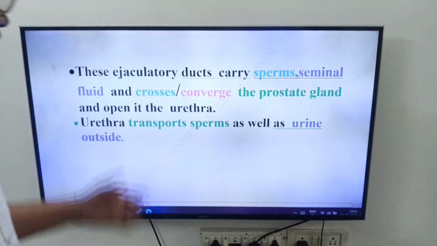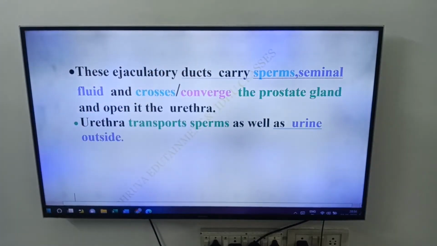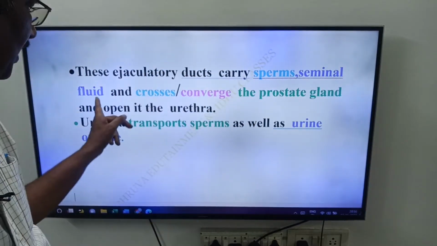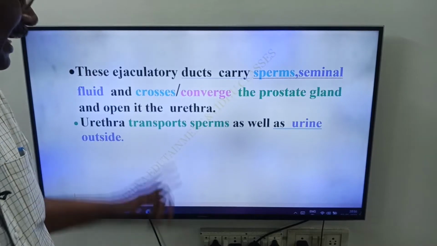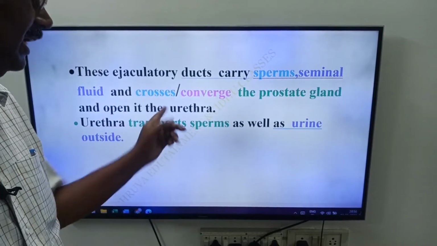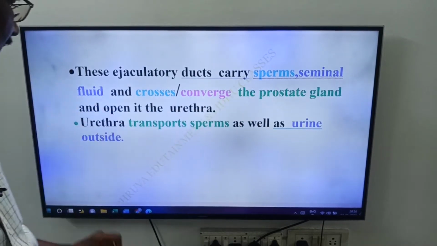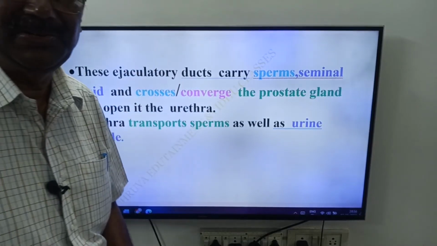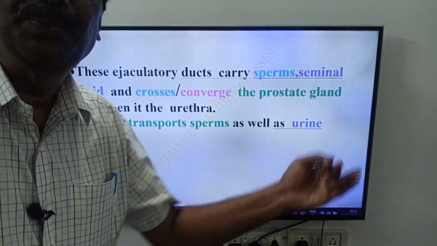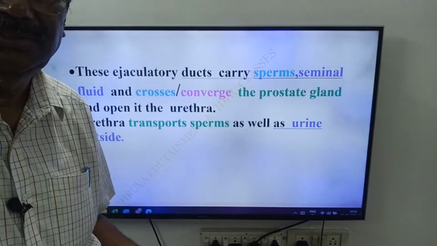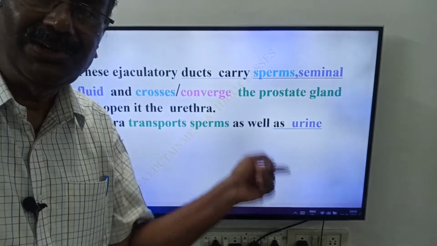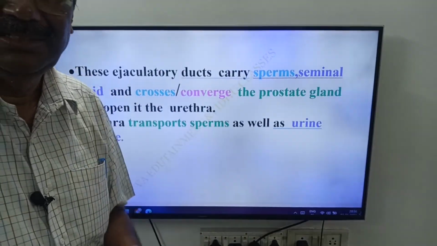Next, friends, these ejaculatory ducts carry sperms and seminal fluid, cross the prostate gland and open into the urethra. Friends, the ejaculatory duct opens into the urethra after crossing what? The prostate gland.